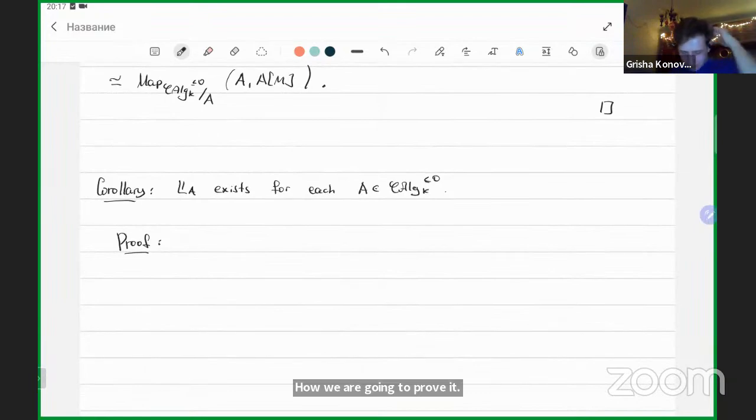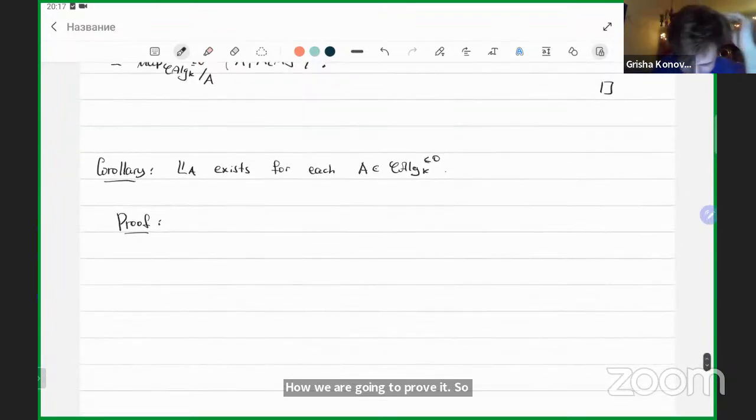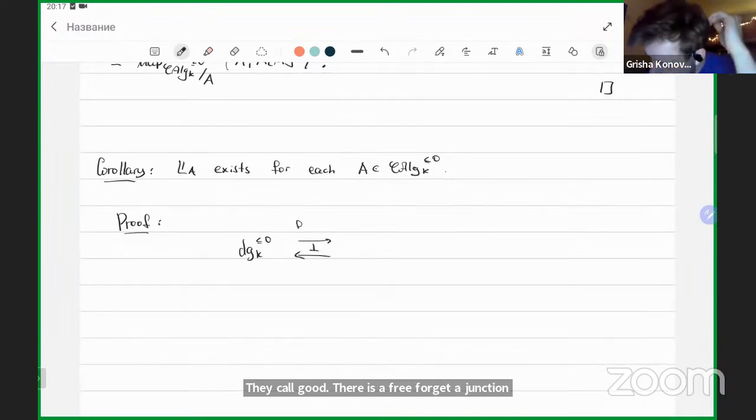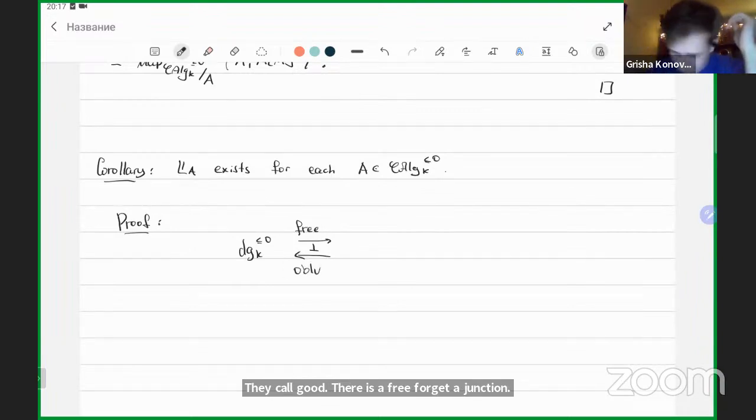So again, recall that there is a free-forget adjunction, which we have already seen today many times.